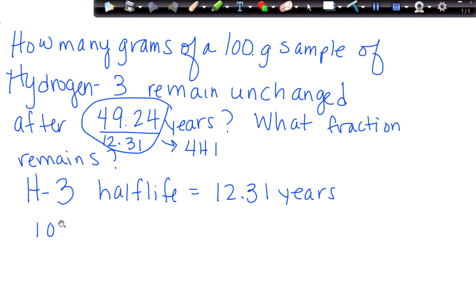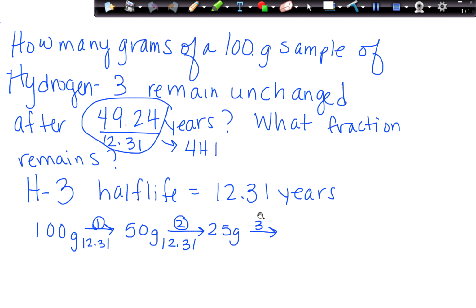Every 12.31 years, the sample of hydrogen-3 goes through one half-life. Every 12.31 years, or every one half-life, the amount remaining unchanged divides in half.